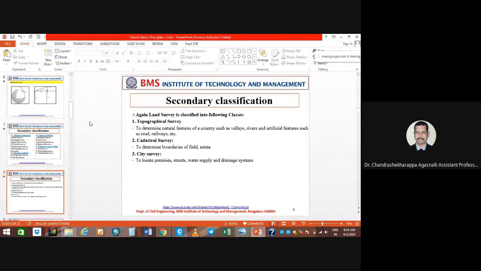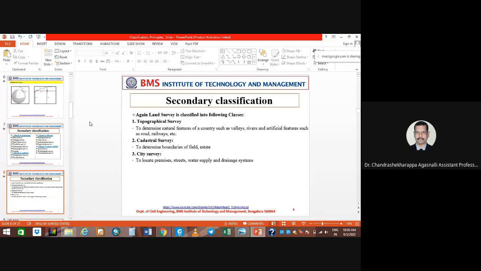It's an artificial one. We construct a dam for different purposes, for hydroelectricity purpose, or maybe irrigation purpose, or it may be water supply for the domestics, water supply for the industries, water supply for the agriculture, water supply for the horticulture. For all these purposes, we construct a dam. That's for artificial features on the earth.